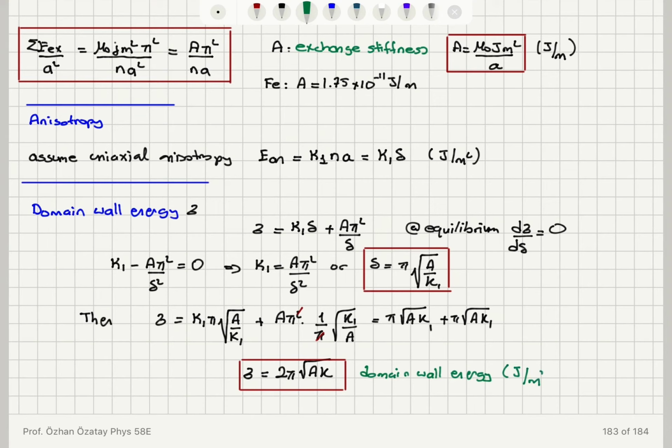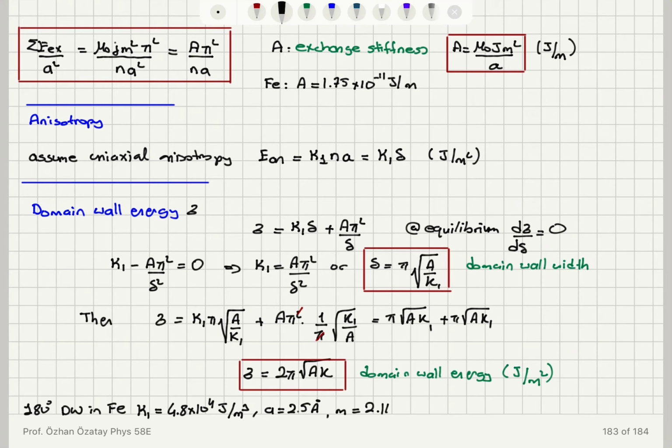This is measured in joules per meter squared, and this is my domain wall width. If we look at, for example, a 180 degree domain wall in iron, it has an anisotropy constant K1 of 4.8 times 10 to the 4 joules per meter cubed at room temperature. The lattice constant is about 2.5 angstroms.